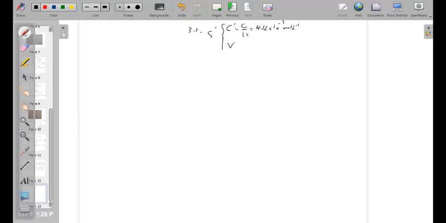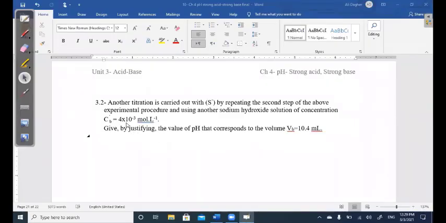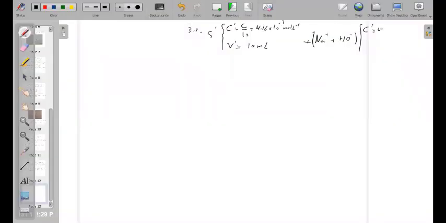We take the same volume, same procedure of step 2, then V' equals 10 milliliter. We titrate it using sodium hydroxide solution of C'B equals 4 10 negative 3 mole per liter.